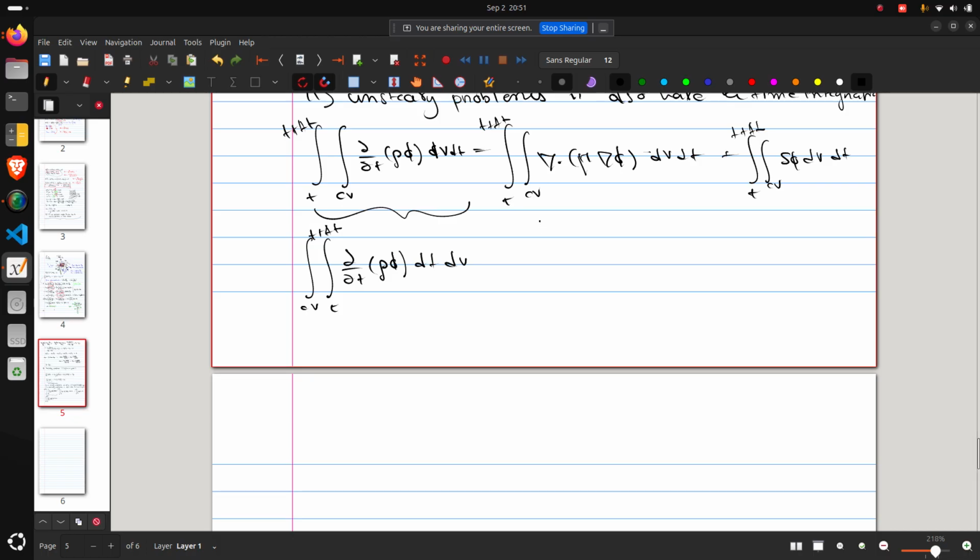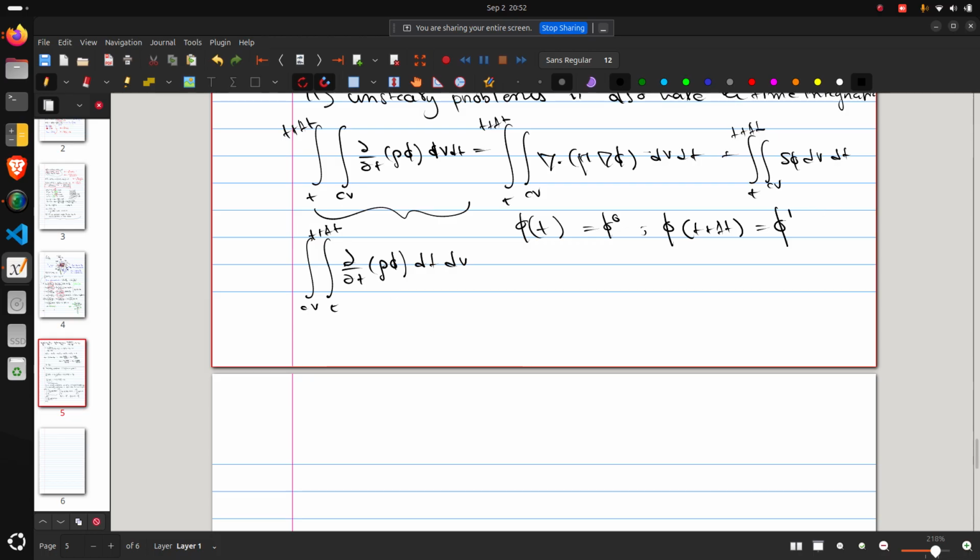Okay, so we'll write the value of φ at time t as φ naught, and at t plus delta t we'll write it as φ1, just for our convenience.